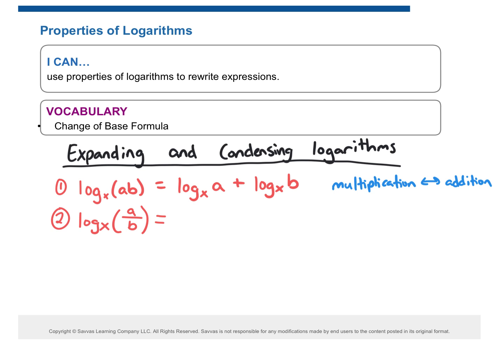So if I expand this, it turns into log base x of the numerator, A, and then division turns to subtraction. So this is going to be minus log base x of B. Biggest thing with division is make sure when you turn it into subtraction, it's numerator minus denominator. Okay. So again, division goes with subtraction.